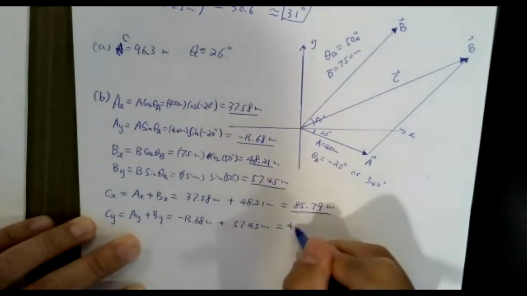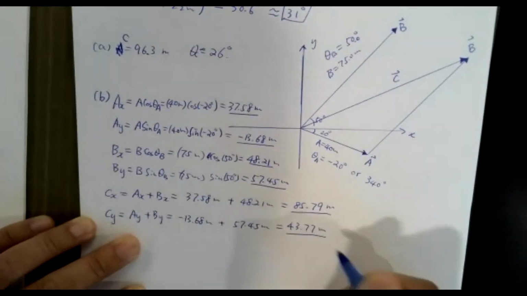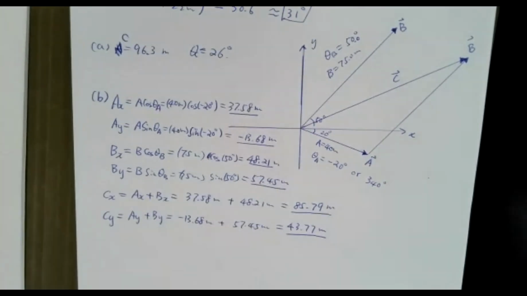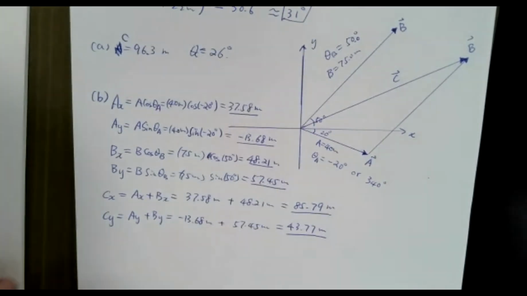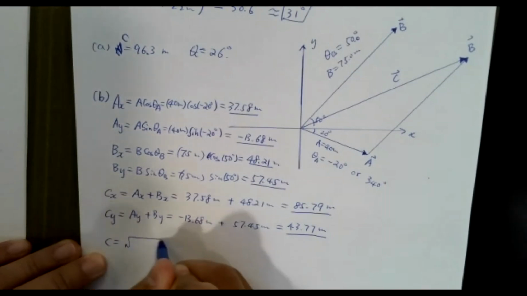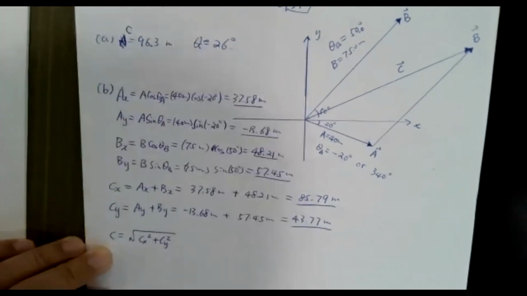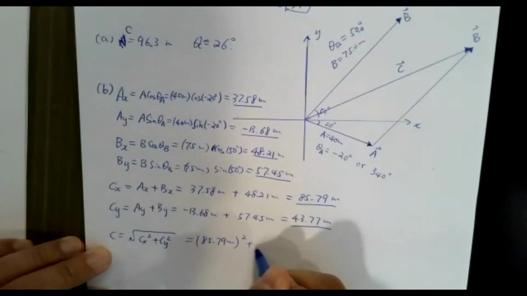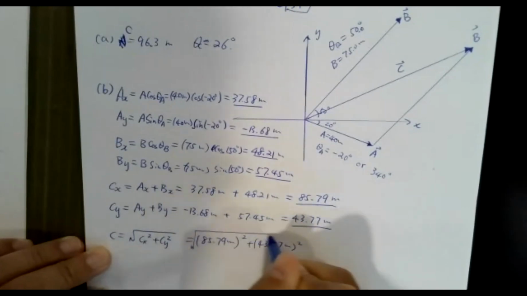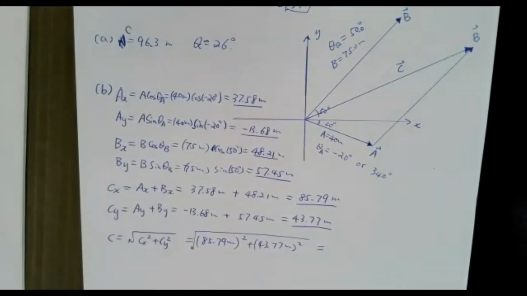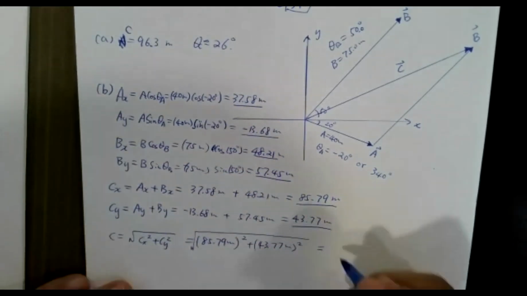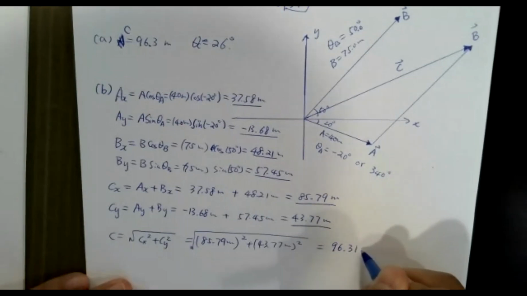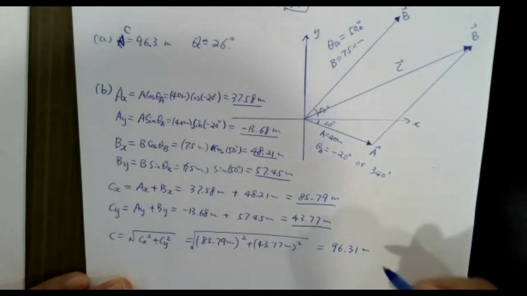That would be 43.77 meters, okay? Now you have the x and y components. You can figure out its magnitude by simply doing the square root of the x component squared plus the y component squared. So 85.79 meters squared plus 43.77 meters squared, okay? And then take the square root of it. Now, the resultant is 96.31 meters, okay?